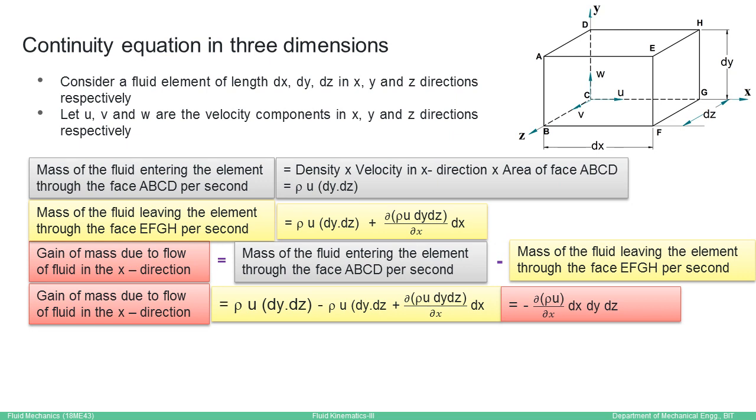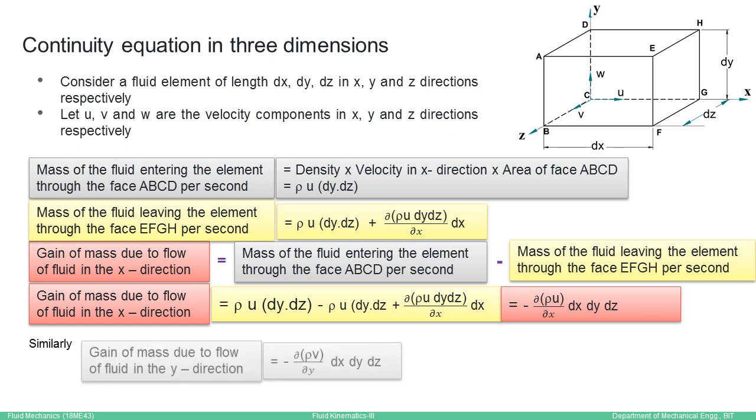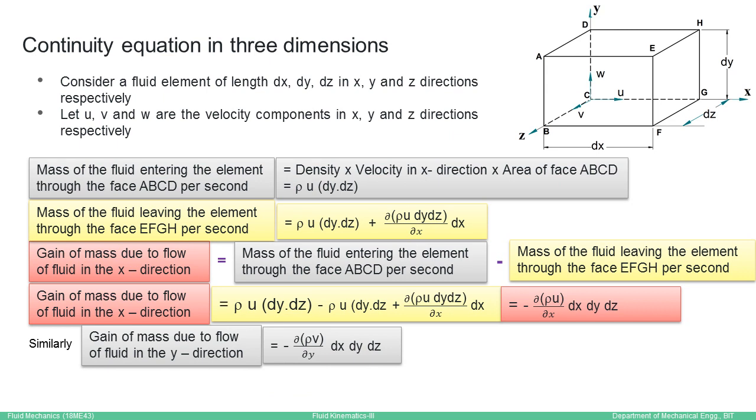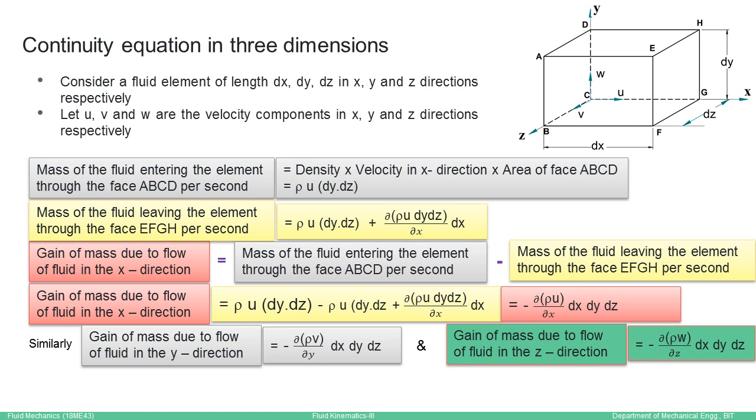Similarly, we can find out the gain of mass due to flow of fluid in y direction and also in z direction. For y direction it is minus ∂(rho v)/∂y into dx dy dz, and for z direction the gain of mass due to flow of fluid is equal to minus ∂(rho w)/∂z dx dy dz.